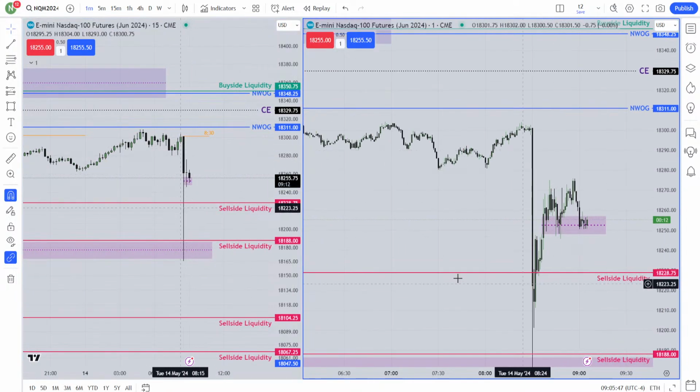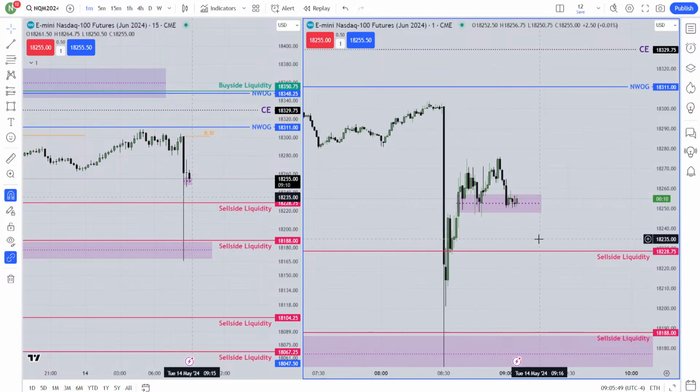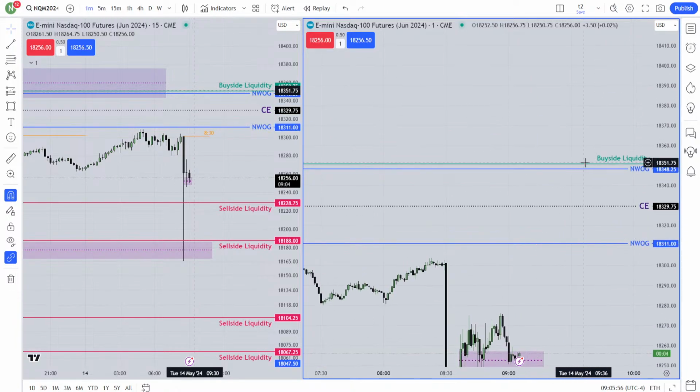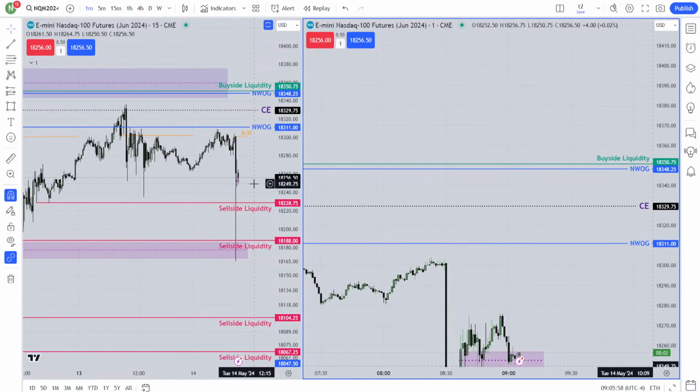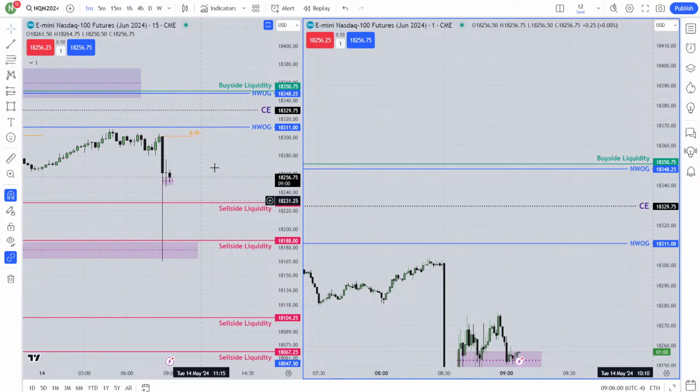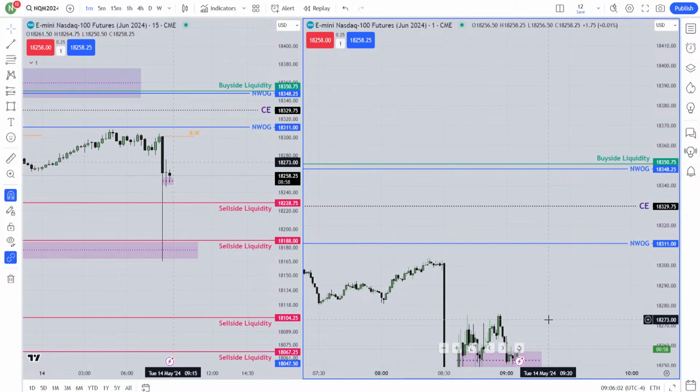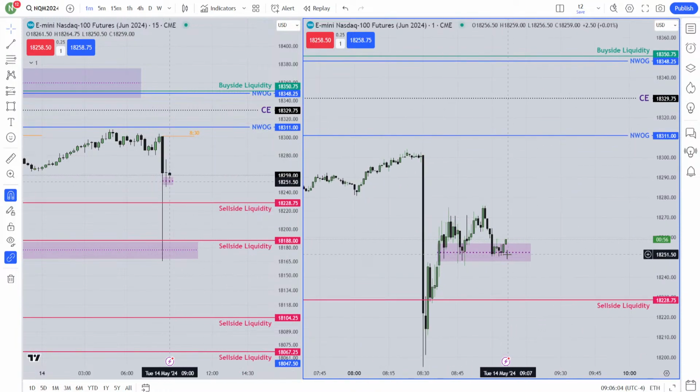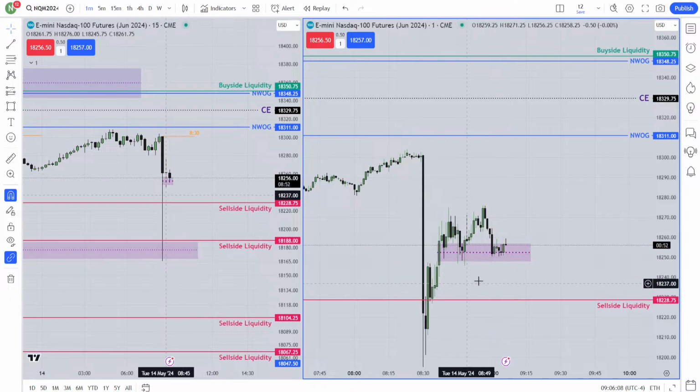Just remember that sell side liquidity for dollar index is my target. If market goes for that sell side liquidity for dollar index, it should expand higher for the buy side liquidity. Now, can I frame a trade from there for buying the Nasdaq? It's highly risky because there is no higher time frame anything over there, right?